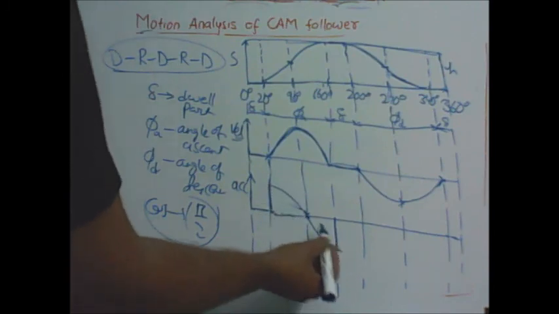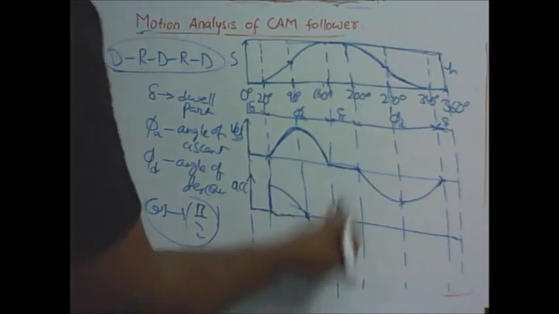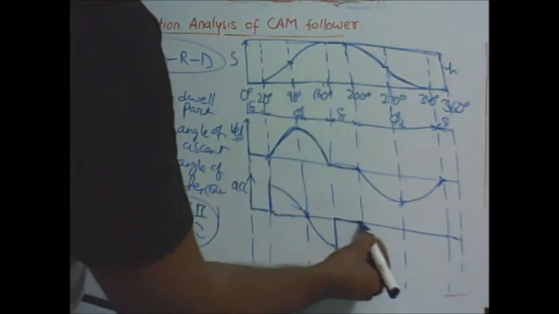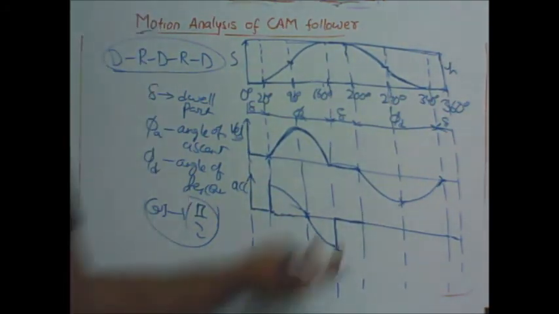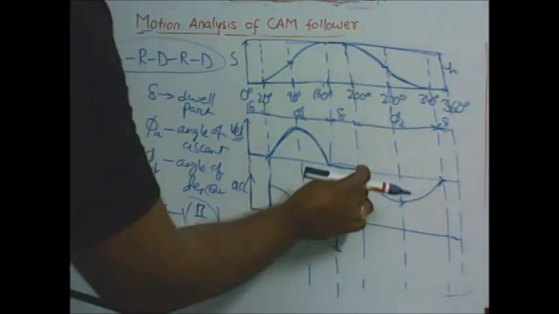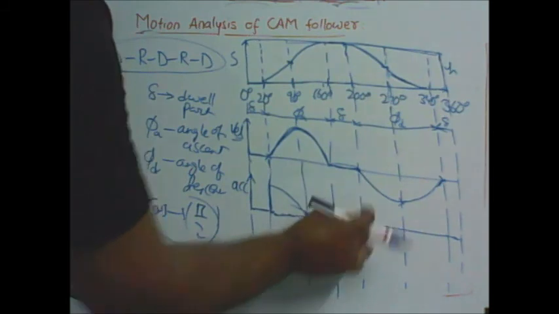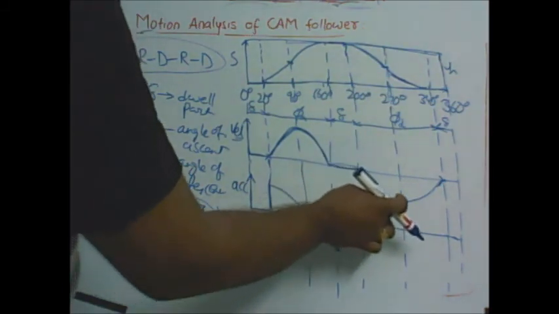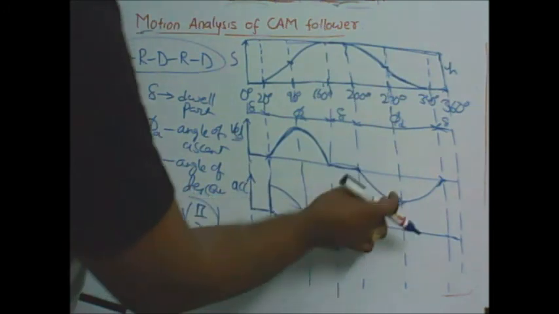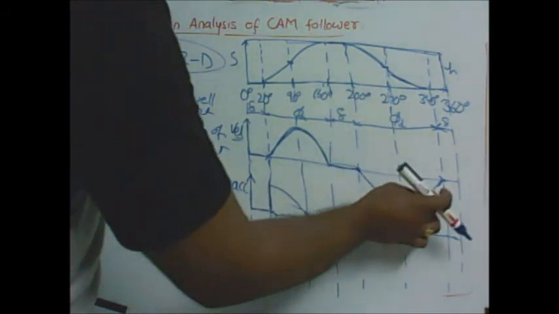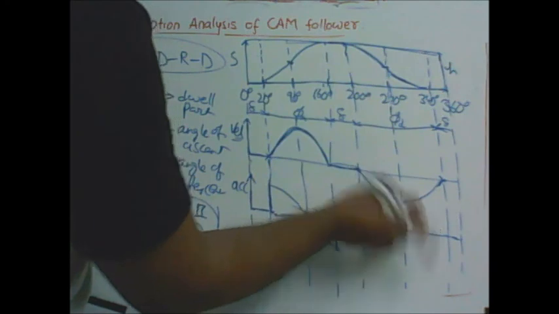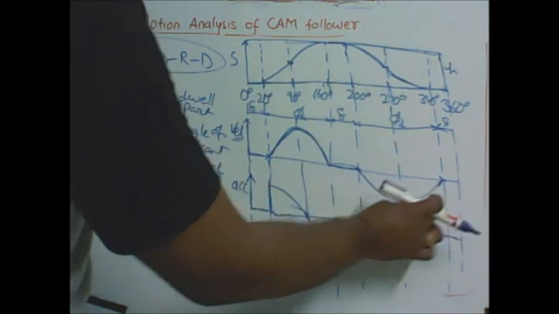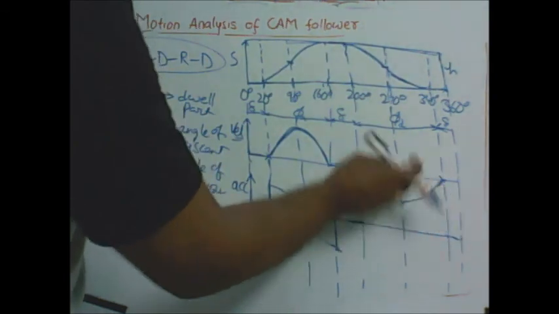Now again here note the complete dwell part, where there is no displacement, no velocity, and hence no acceleration as well. So in this part the velocity is constant, so acceleration is 0. Now again in this part velocity will increase on the negative side, so acceleration will reduce. The change is towards negative, meaning decreasing.